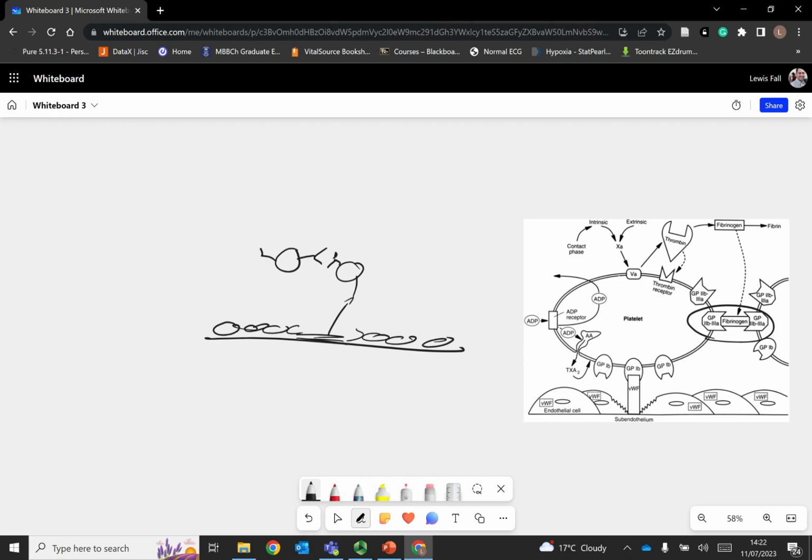And then you can see, if we're drawing this over here, we've got two platelets holding hands like that, and the thing that is going to be holding them together, there and there, is a molecule called fibrinogen. Now the problem with fibrinogen is that it's soluble.